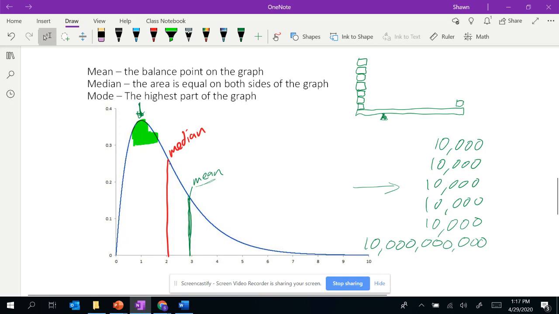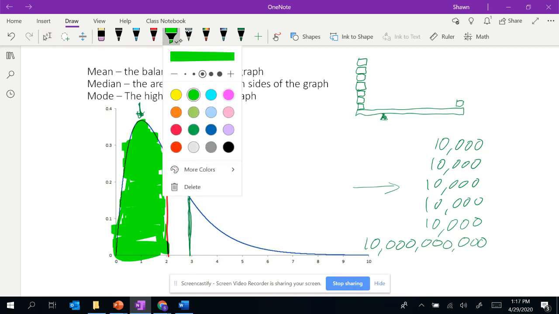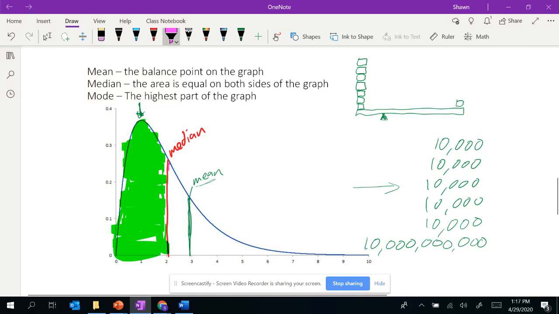So this area of green, provided that I can stay within these lines, should be roughly equal to, let's do pink, this area of pink. I'd say that's pretty close. So these two areas are roughly the same, and yes, this is a good location for our median.